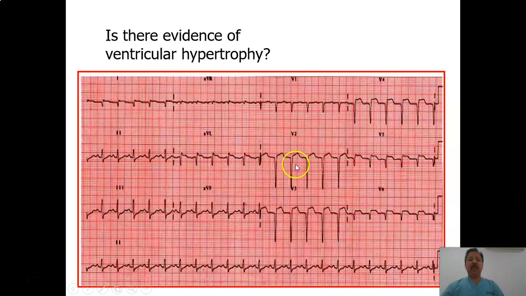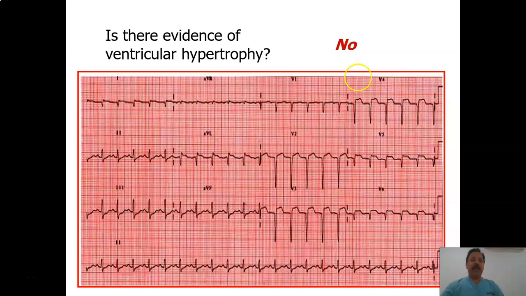In V2 it's deep, 1, 2, 3, 4 big boxes, and the R wave in V5 and V6 is very small. So there is no left ventricular hypertrophy. For right ventricular hypertrophy, look at a tall R wave in V1. It's not there, so there is no ventricular hypertrophy.